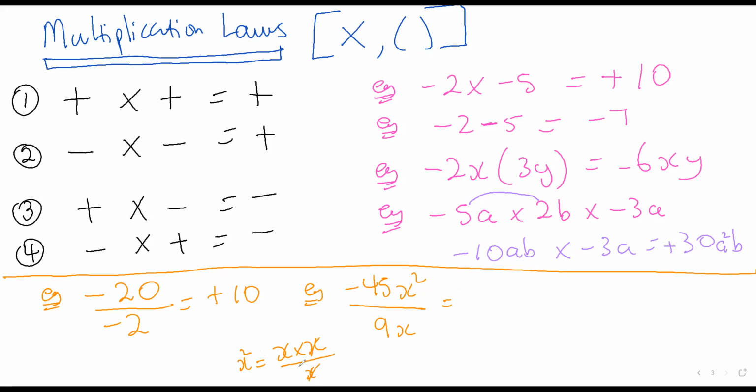So one of the x cancels off. 45 divided by 9 is 5, if you know your 9 times table. You can put a positive here. Negative divided by positive is negative. So the answer is negative 5x, because only one of the x cancels off there.